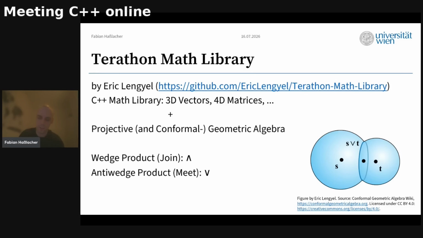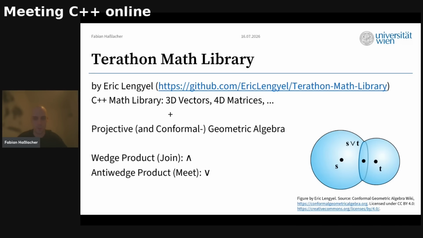It's way too broad to talk about in depth here, but just a quick info: there are obviously 3D vectors and 4D matrices, so the standard operations you'd expect in game engine development. And there's also a wedge product and anti-wedge product, which are just operations to join geometric models or combine them. That's all I'm going to talk about that. If you really are interested in this, I'd recommend you check out his work.